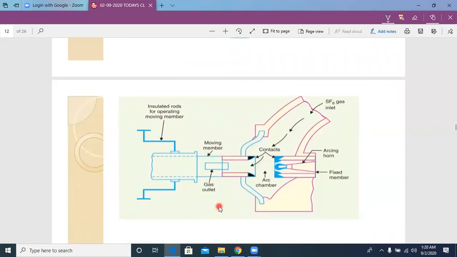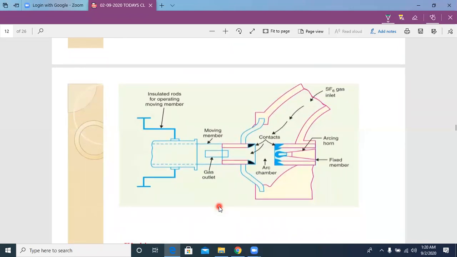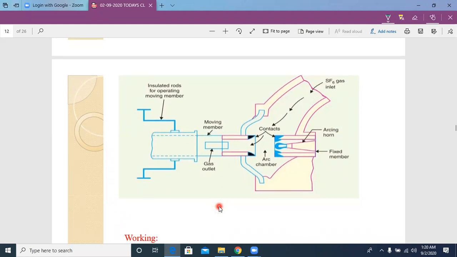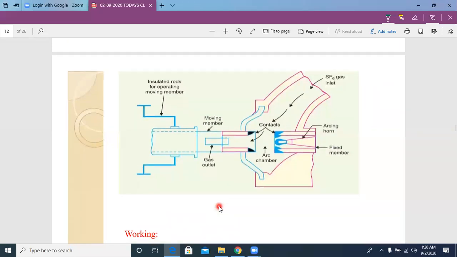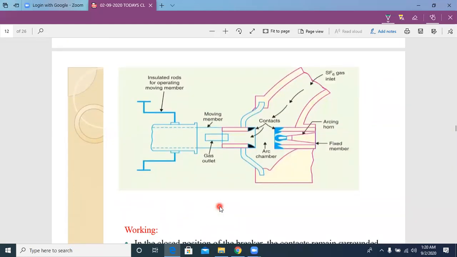Based on the structure, SF6 circuit breakers are classified into two types: non-puffer type and puffer type. This is the circuit diagram of the non-puffer type SF6 circuit breaker. In this diagram we can see a reservoir, where SF6 gas is maintained, and one more reservoir at this place. This one is the high pressure reservoir and this one is the low pressure reservoir.